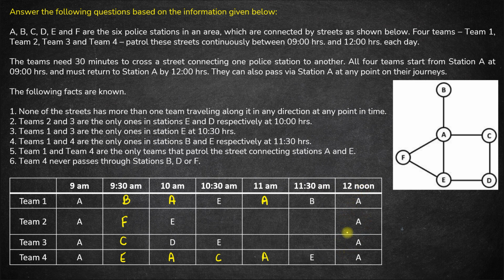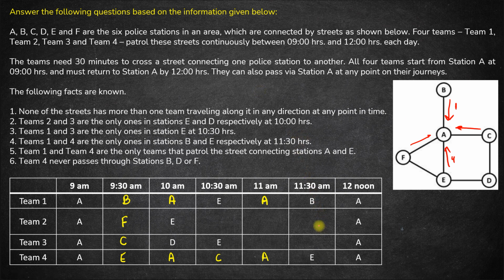All of them have to come to A, but all of them will come from a different station, as no street can be patrolled by more than one team. So from B to A we have team 1 coming, and from E to A we have team 4 coming. So one of the other teams will come from F and the other from C.